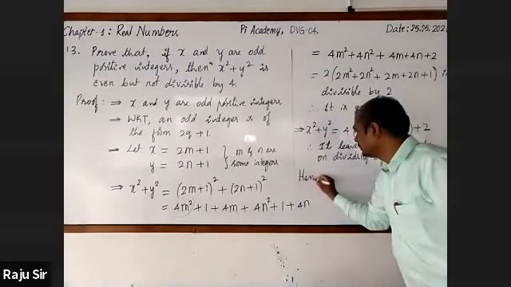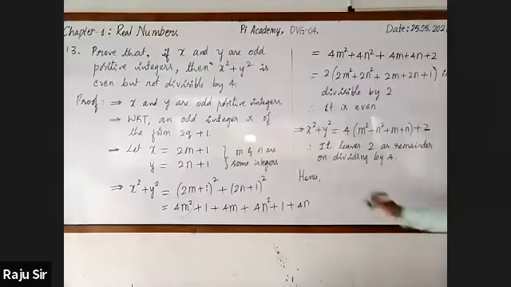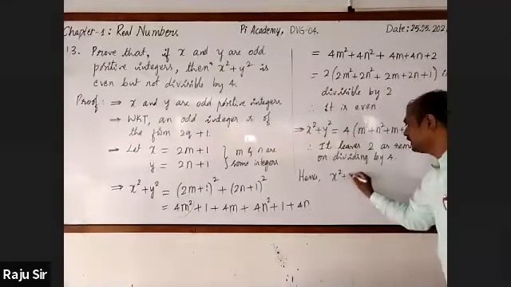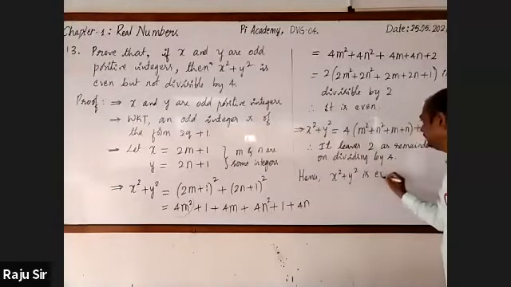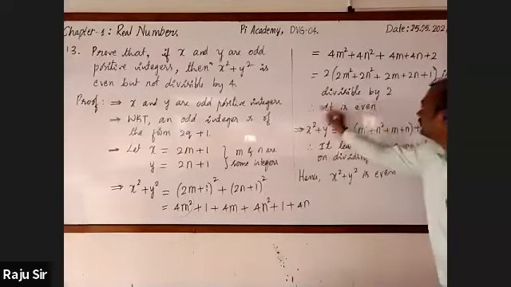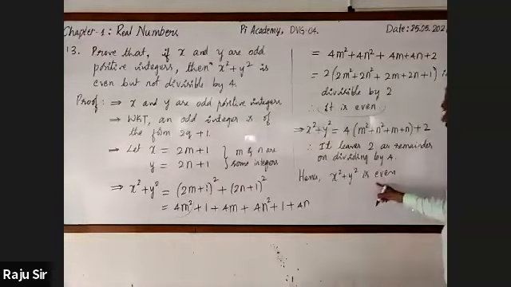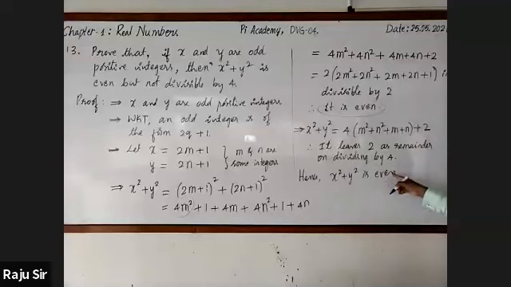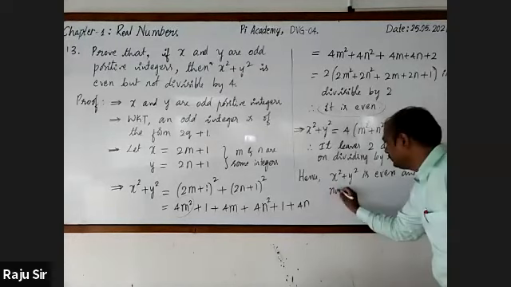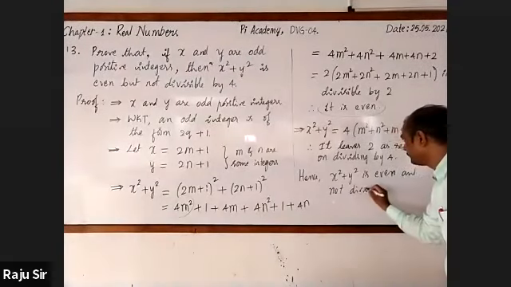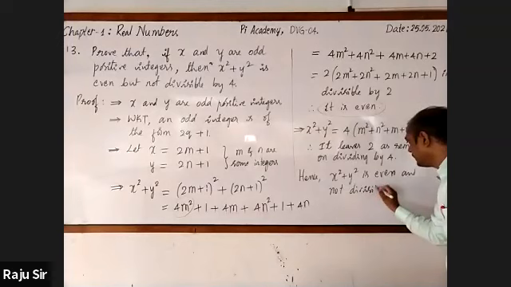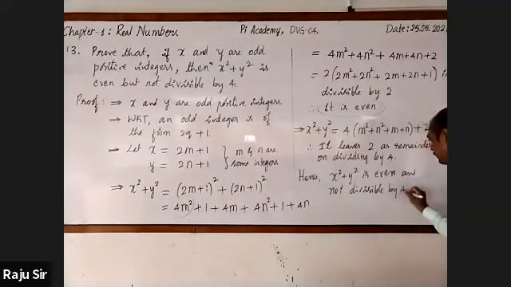Hence, we can say that x square plus y square is even. See that this is from this. It is even and is not divisible by 4.